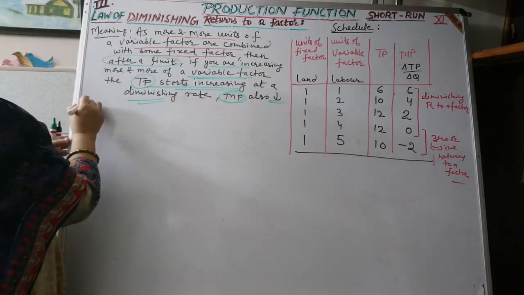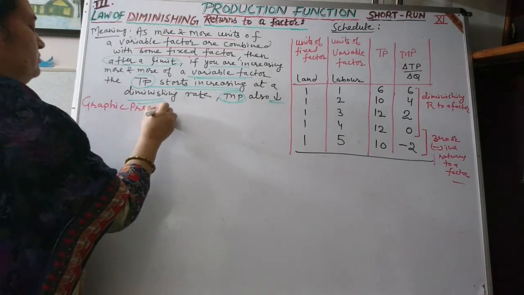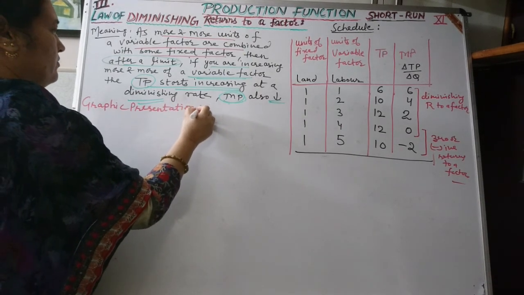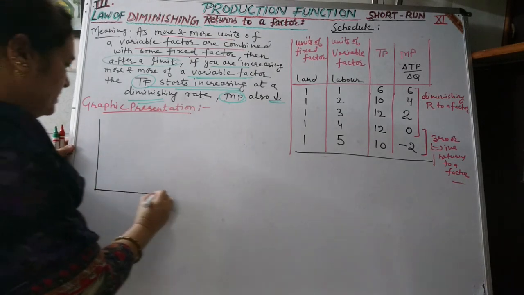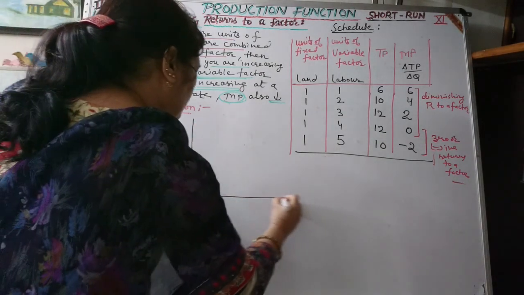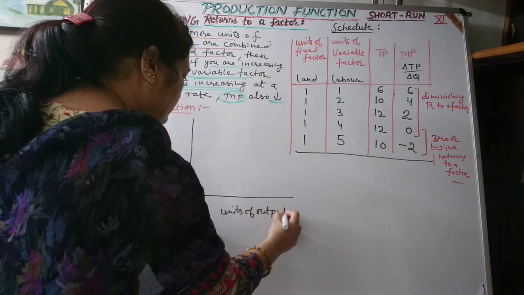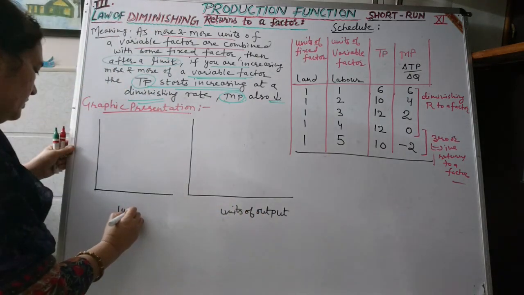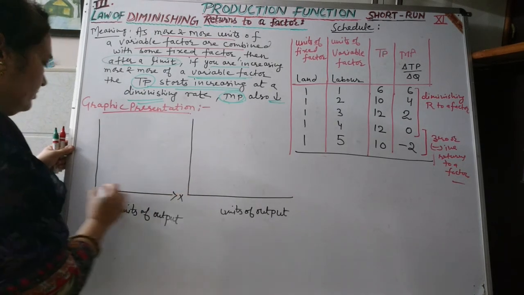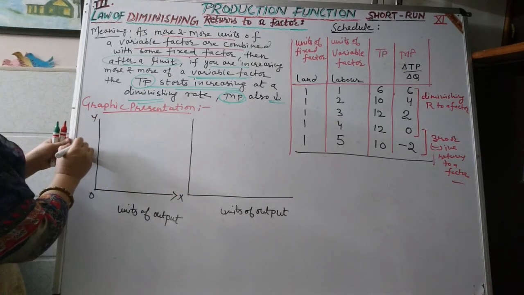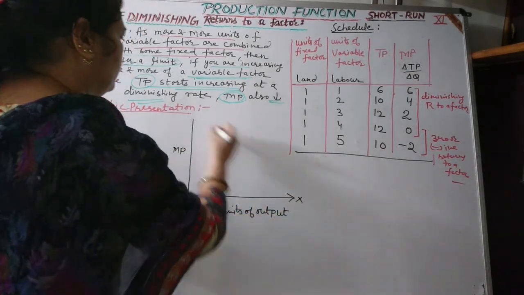Let us explain the concept with the help of a diagram also. Let us start the diagram. Two diagrams I am preparing, first for total production and another for marginal production. Units of output, units of a variable factor you can also write down. Here we are taking total production and in this diagram we are taking marginal production.